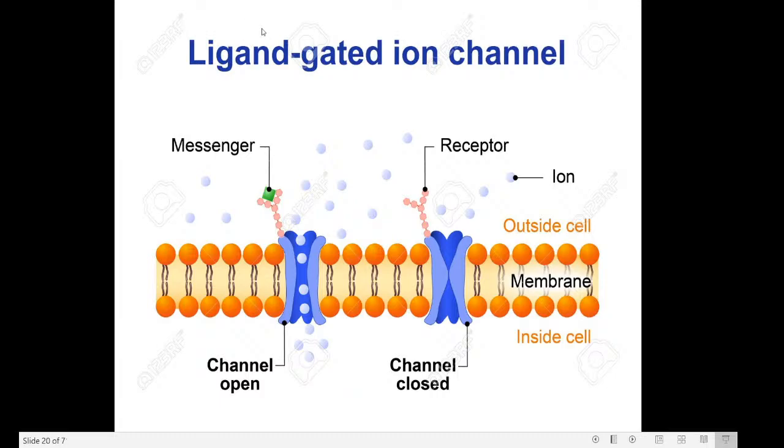The ligands bind with the external surface protein in the channel, and the channel automatically opens and allows the ions. After a particular amount of ions has entered the cytoplasm, the ligand is automatically removed from the receptor, and the channel automatically closes. These are the ligand-gated channels.